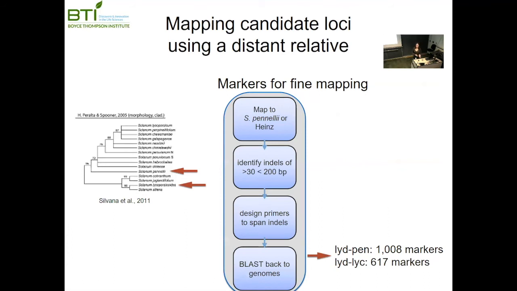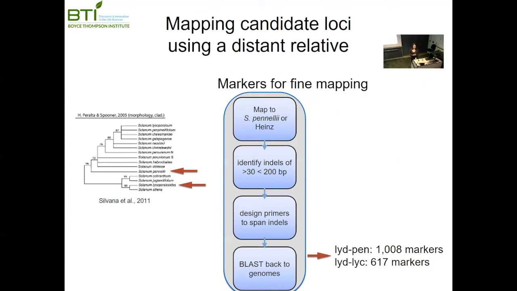Because of this, we made the pipeline so that it would give us markers for use in crosses between Lycopersicoides and Pennellii and crosses between Lycopersicoides and Heinz. So we mapped Lycopersicoides to the published Pennellii genome and to the Heinz genome, and we used MUMmer for that.